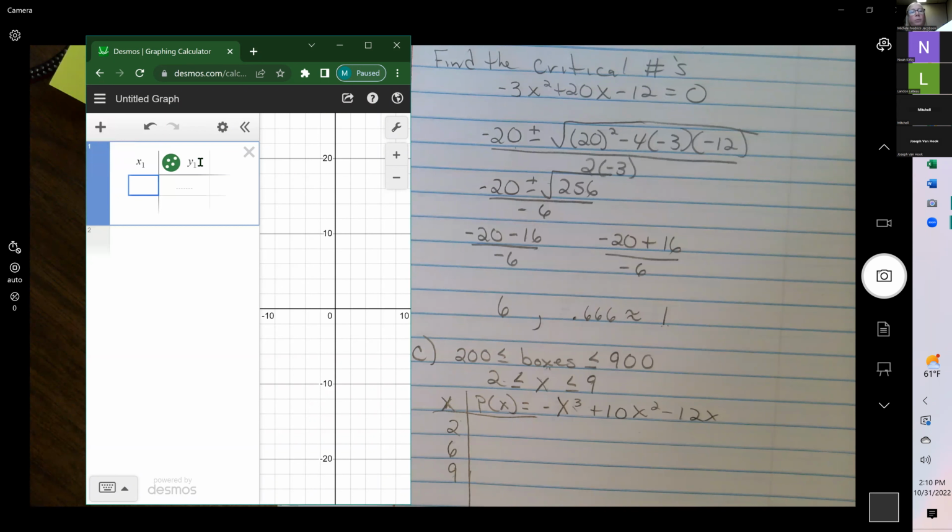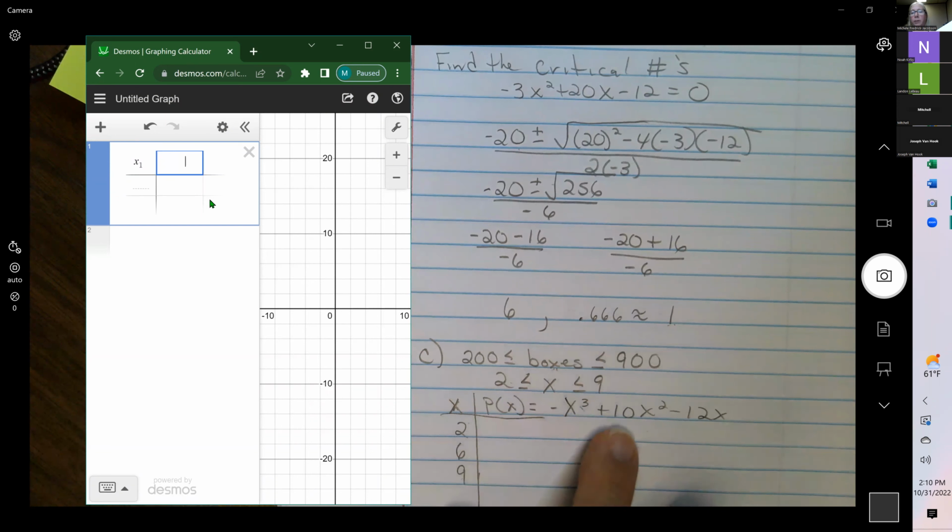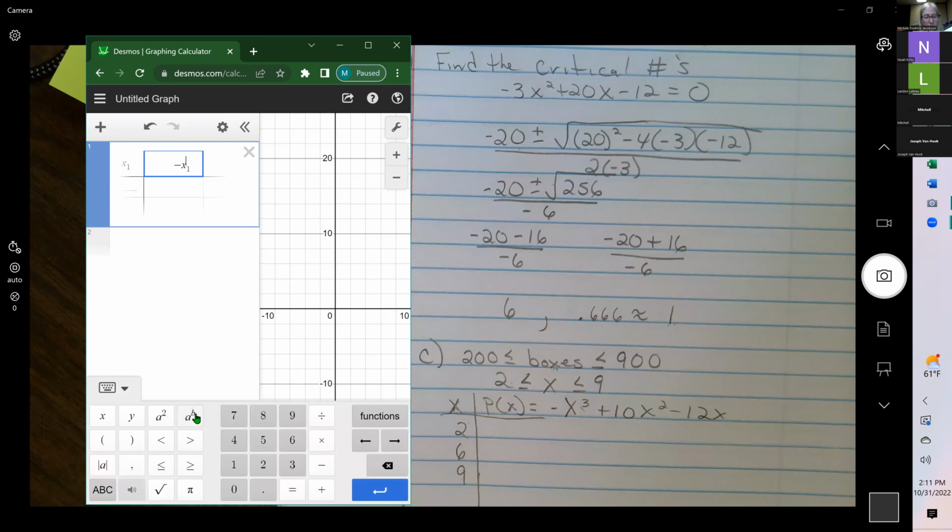And then up here, instead of y1, you put your equation and you'll use x1s because this says x1. So it would be a negative x1 cubed plus 10x1 squared minus 12x1.